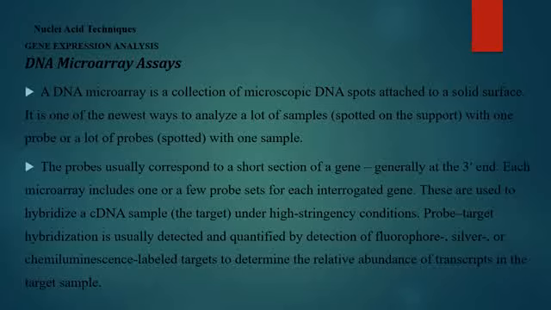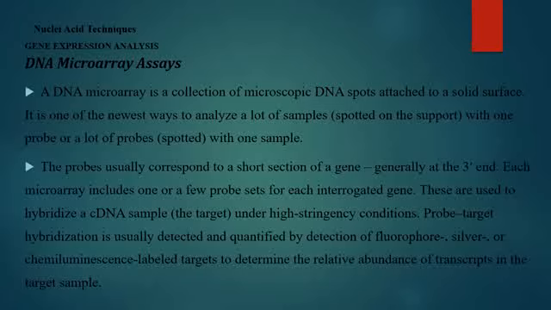So you send, say, 5 probes into one sample, or 1 probe into 5 samples, so the reverse. Now, these probes usually correspond to a short section of a gene, which is generally at the 3' end. Each microarray includes 1 or a few probe sets for each interrogated gene, because we know what that gene does.